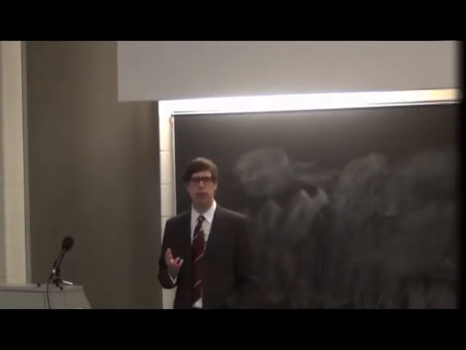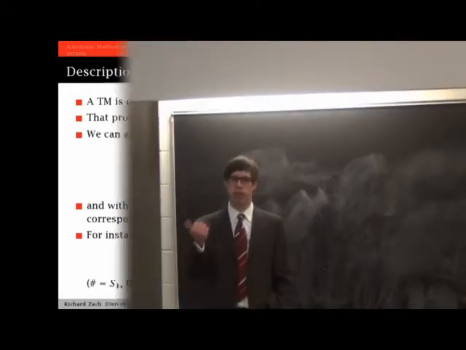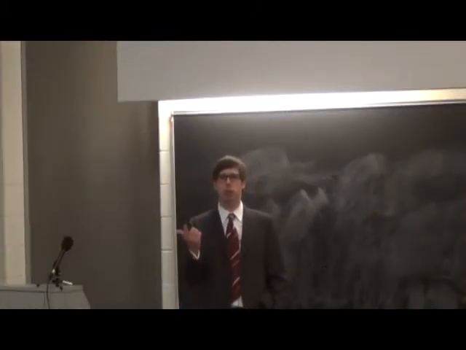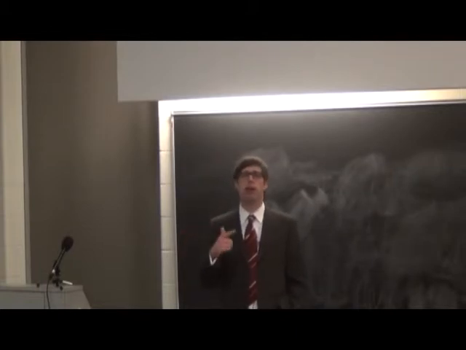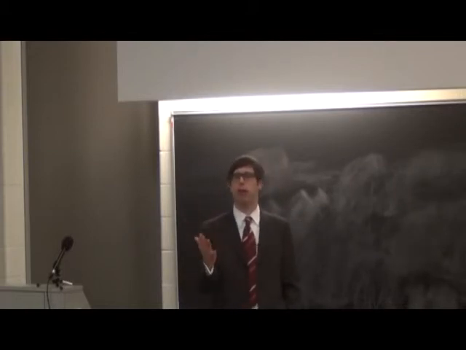Because a Turing machine is just a sequence of 5-tuples, right? Each instruction consists of a state that the Turing machine is in, a symbol that it is reading, and then a symbol that it is supposed to write, and then a direction in which it is supposed to go, and then the state in which it is supposed to end up, right?